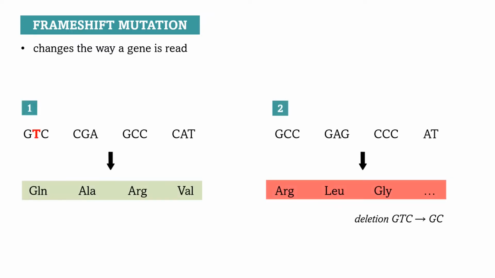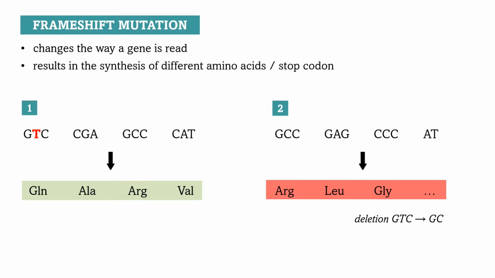As you can see in the example below, a deletion of just one base, thymine, in the codon guanine-thymine-cytosine will cause a frameshift mutation and different amino acids are going to be synthesized. The mutation can also change a sense codon, a codon that specifies an amino acid, into a stop codon and stop the protein synthesis altogether.